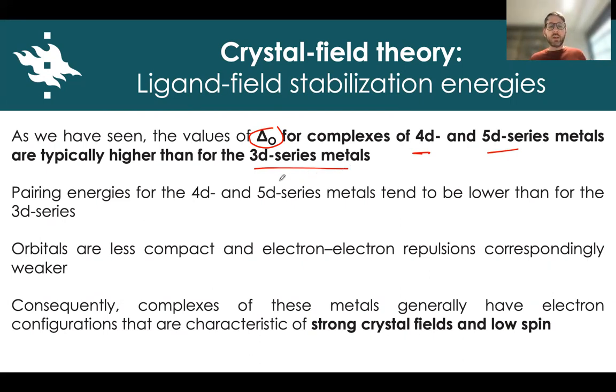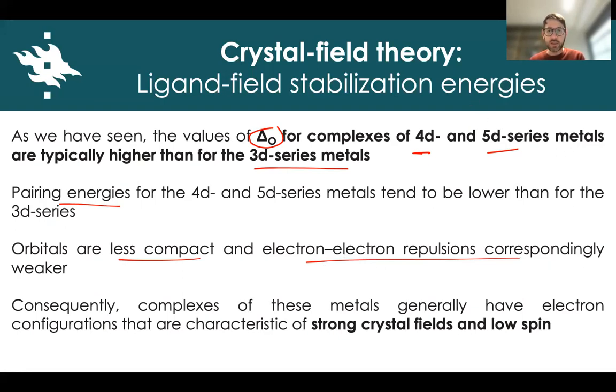Therefore, if the ligand field splittings are larger, the pairing energies will be much lower relative to the ligand field splitting. And in addition, because the orbitals are larger, the pairing energies are also lower because the orbitals are less compact, and then the electron-electron repulsions are weaker.